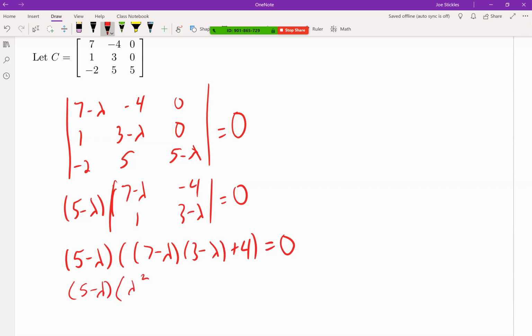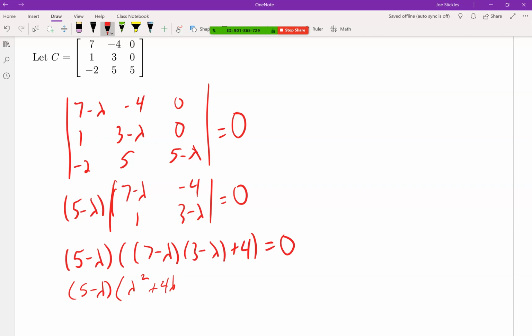Now let's expand inside that second set of parentheses and then refactor. Got a lambda squared. Looks like I got a plus 4 lambda. And then I've got a... that's interesting. Did I make an error somewhere? This is not doing what I want it to do, because this isn't going to refactor the way it's gone.